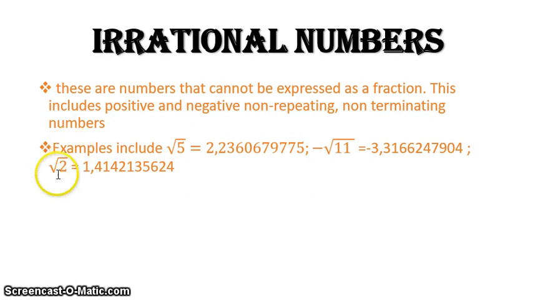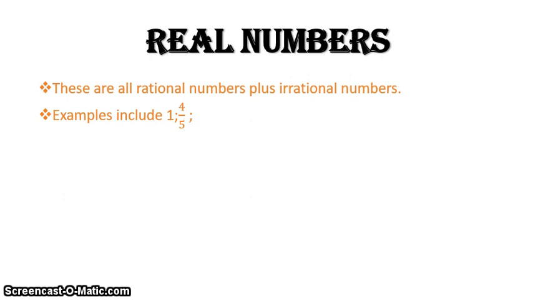Also, the square root of 2 is equal to 1.4142135624. These are non-repeating numbers. Those are all examples of irrational numbers.